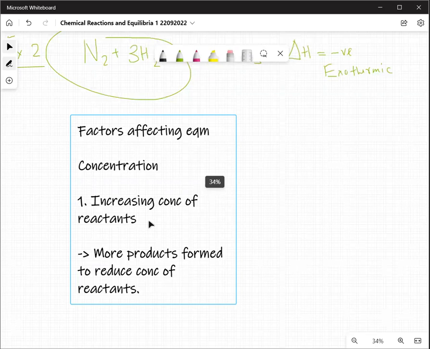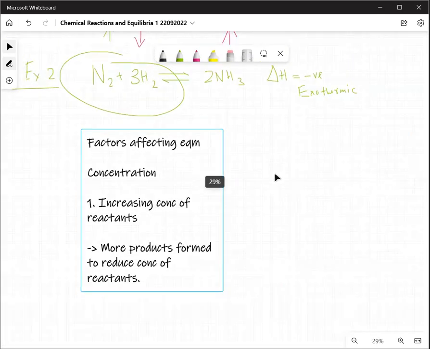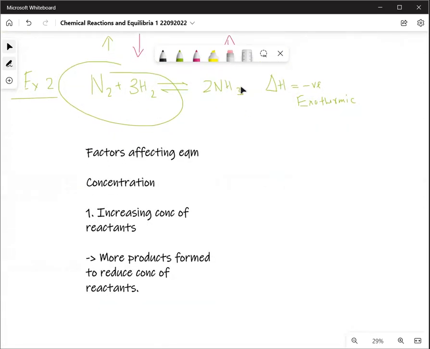Now write this in your notebook. Tell me when you're done. Now, Niranjana, while you're writing, write it down and speak to me. How can you decrease the concentration of the reactants?